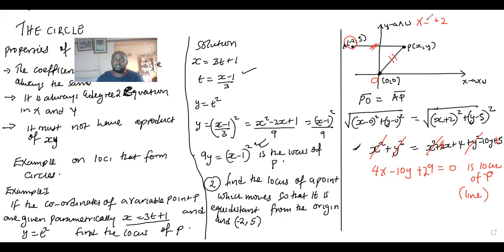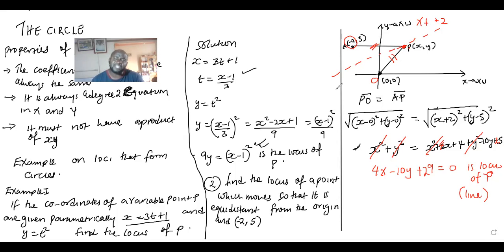Okay, I've seen. The question said, find the locus of a point P which moves so that it is always equidistant from point A and the origin.